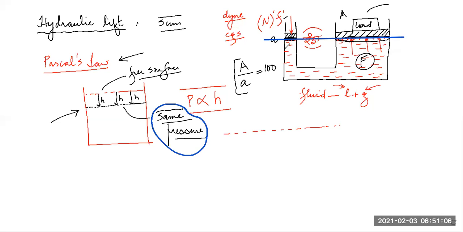That means, let's say this is the first end of the hydraulic lift, and this is the second end of the hydraulic lift. The pressure here would be P1 and the pressure here will be P2, but the pressure experienced by all the points, because they are on the same level, will be the same. So I can say P1 is equal to P2.